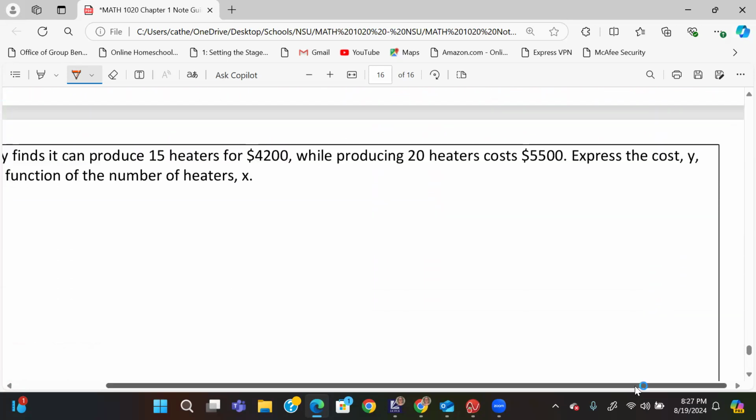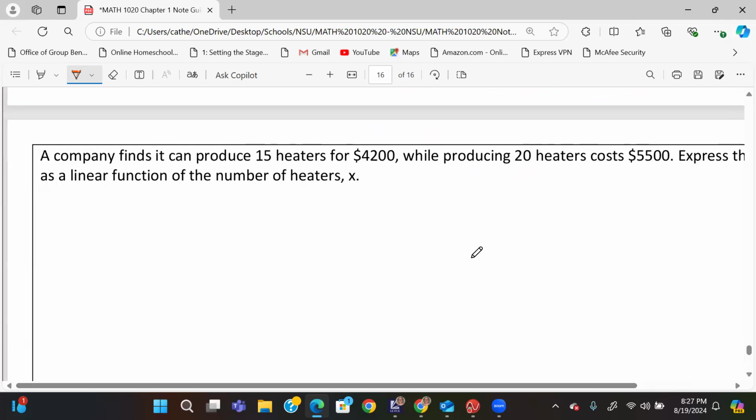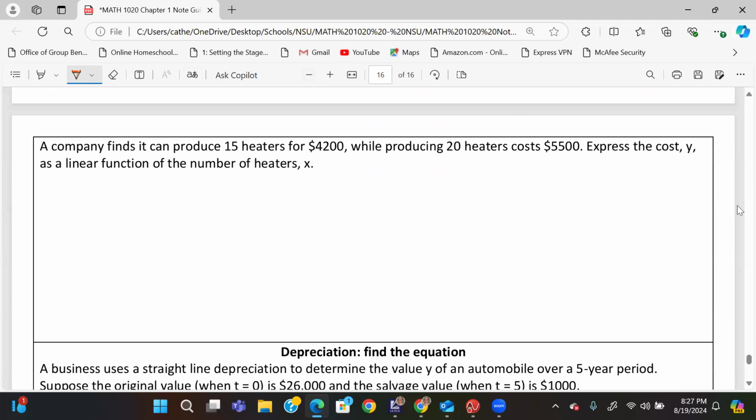All right, our last page. Company finds it can produce 15 heaters for $4,200 while producing 20 heaters for $5,500. Express the cost y as a linear function of the number of heaters x.